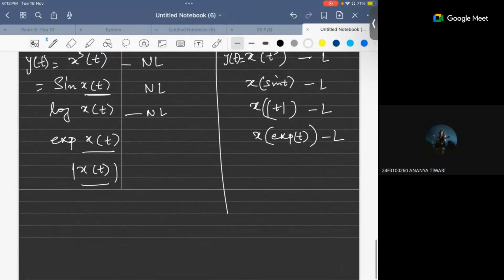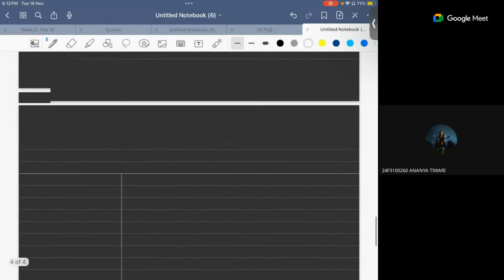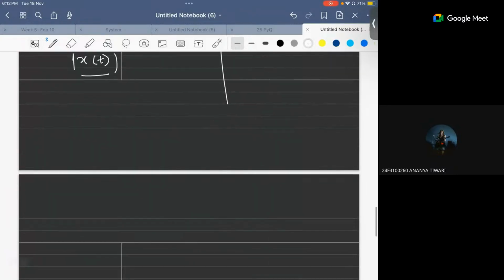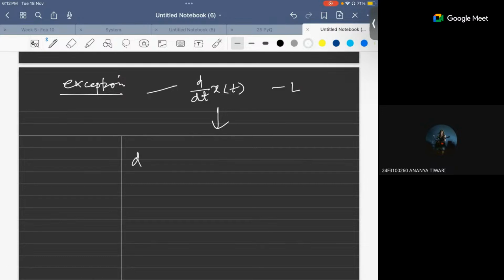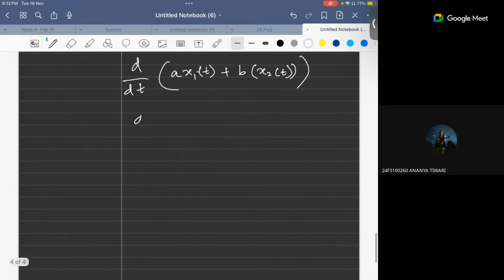Now the second thing that I was talking about. There are some exceptions also. There are only two exceptions. The first is differentiation. You are doing some operation on x(t), but that will not make the system non-linear. This is a linear system because you can check the additivity and homogeneity. If you apply, for example, a times x1(t) plus b times x2(t), you get d/dt of a x1(t) plus b x2(t), which equals a times d/dt x1(t) plus b times d/dt x2(t).